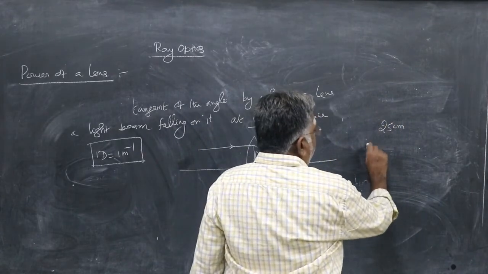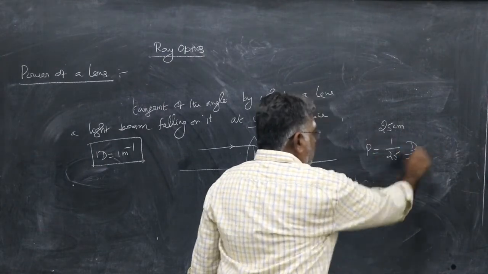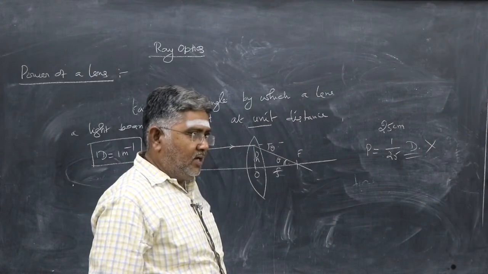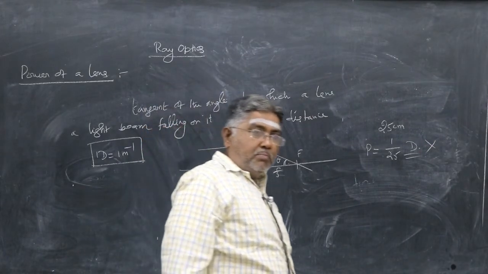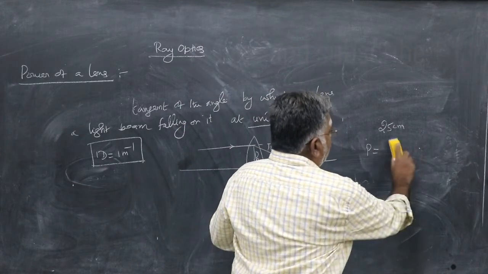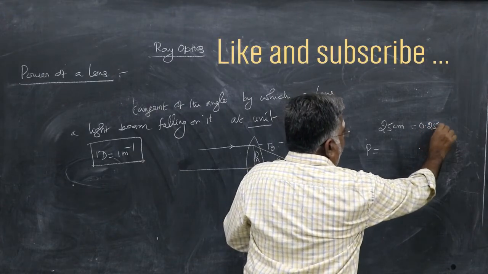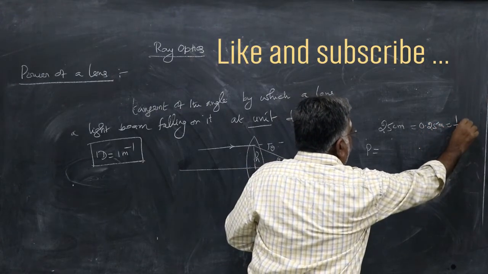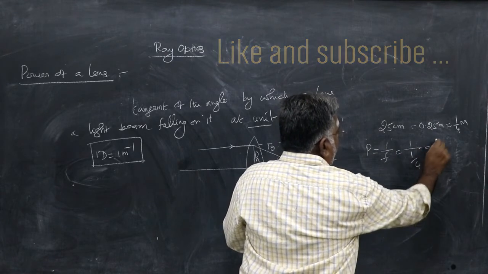Straight away you don't write power is 1 by f, so 1 by 25. So many diopters you should not give, this will be wrong. To get the power in diopters, the focal length should be in meters. So the first step, convert that 25 centimeter into meter, 0.25 meter or 1 by 4 meter. So power is 1 by f, so 1 by 1 by 4, 4 diopter.